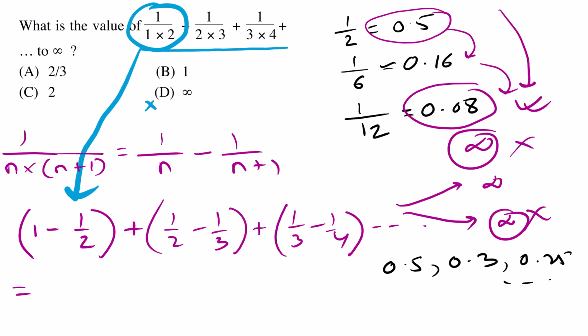Now if you open up the bracket, you see that minus half plus half, minus 1 by 3 plus 1 by 3 and so on, everything will get cancelled and only 1 is remaining. So the correct answer is 1. So option B is the correct answer.